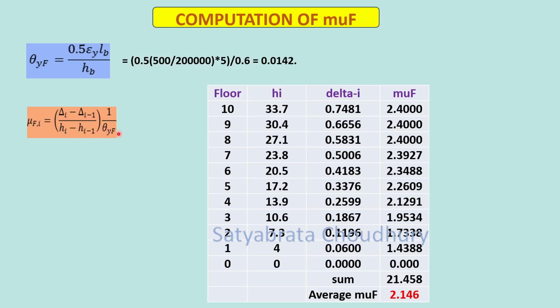Theta yf is the yield rotation of the frame, which is given by this formula, and we have calculated the value as 0.0142. So at every floor you will get a mu value for the frame. So it is hi, delta i and the mu value we have written here. Then sum it up and divide by the number of stories, which is 10, as it is a 10 story high building. So mu f is 2.146.